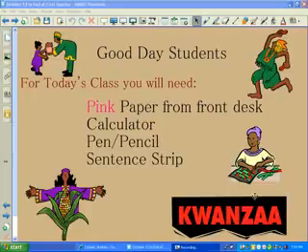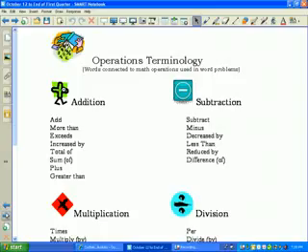And I started the class with an activity with sentence strips. So every student got a word or a phrase that dealt with an operation. So they either had to put it under addition, subtraction, multiplication, division, or equals. And every class, they put it up there, I gave them a couple minutes, and then we checked over again to see if everyone was correct.